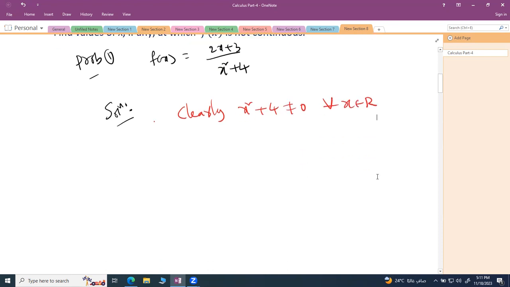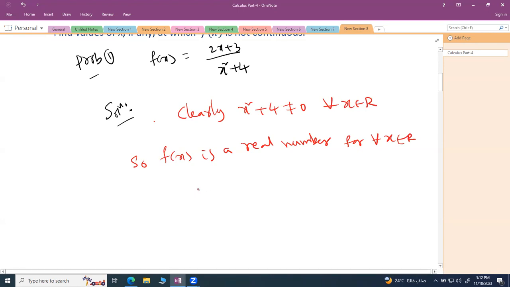So, f of x is a real number for all x belongs to R. Therefore, f of x is continuous everywhere.